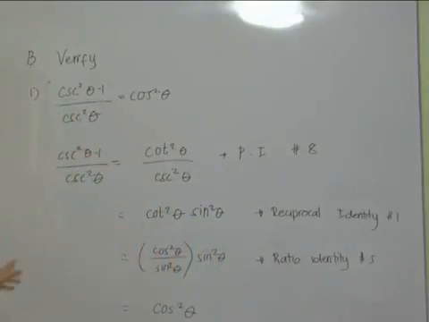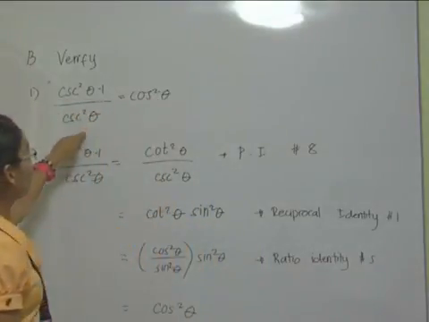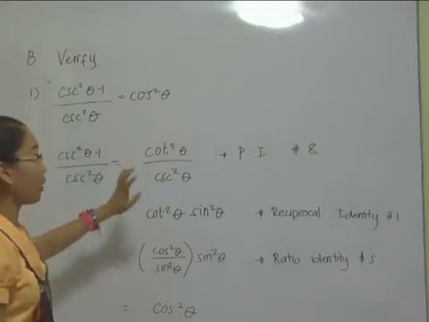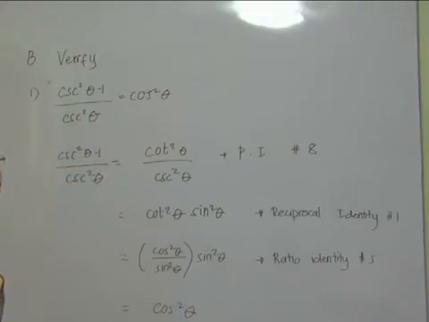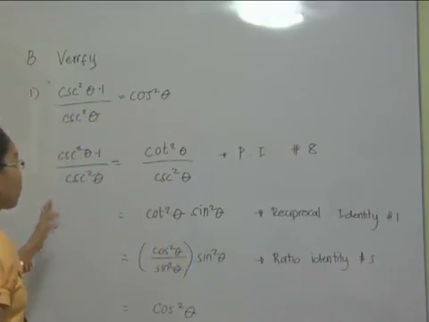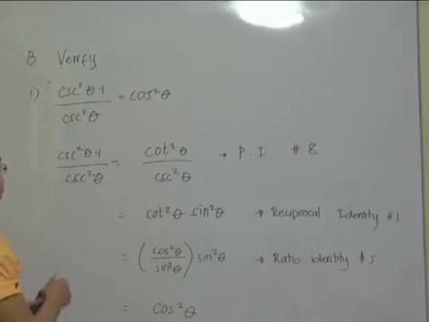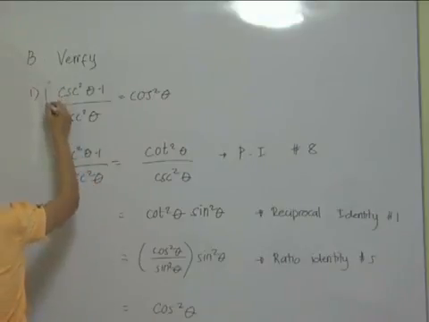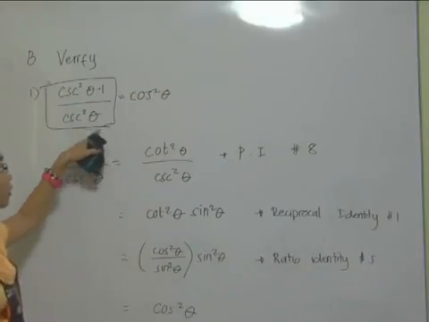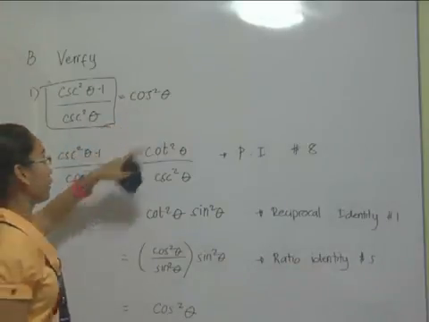Number 1: cosecant squared theta minus 1 over cosecant squared theta is equal to cosine squared theta. We need to identify first which side is complicated in order for us to verify. This one is the most complicated, so we verify this one to get cosine squared theta.